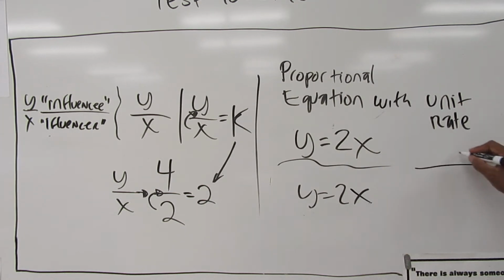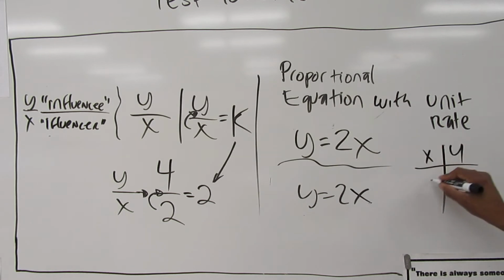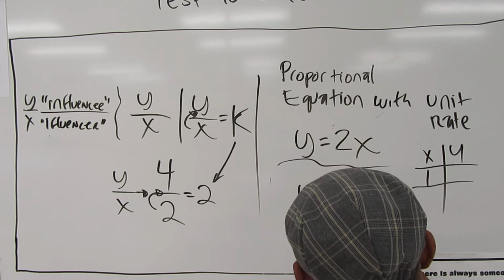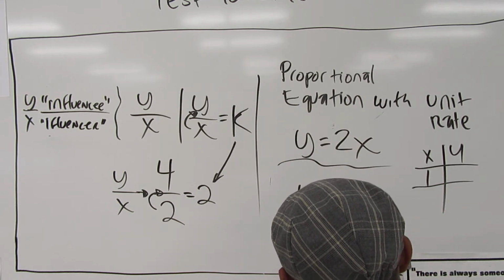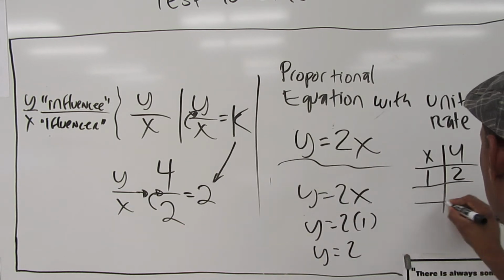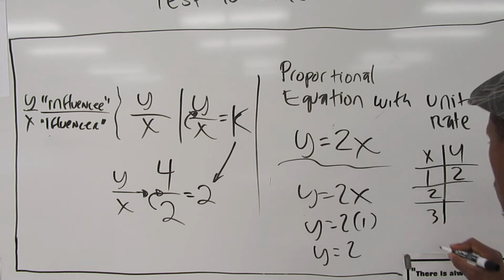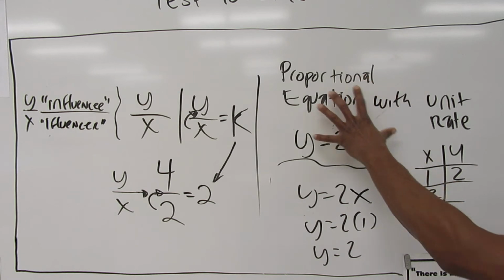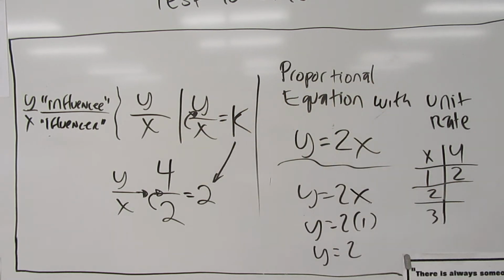Now we set up a table here, x, y, 1, place 1 in there, y equals 2 times the value of x, which is 1, y equals 2, and so on. Try to do the other ones if you decide to. You're not going to see this on the assessment at all. You're just going to see this idea here and this work here, all right? And we talked about this in class today, so you should do well on that one.